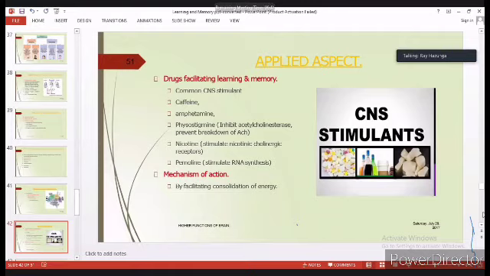Methamphetamine, now we're talking about amphetamine, and then a number of other drugs like nicotine for people that smoke. The mechanism of action is that they facilitate consolidation of the information. So don't start taking caffeine every day trying to increase your learning and memory. It's going to affect you. So you have to be careful on that one.